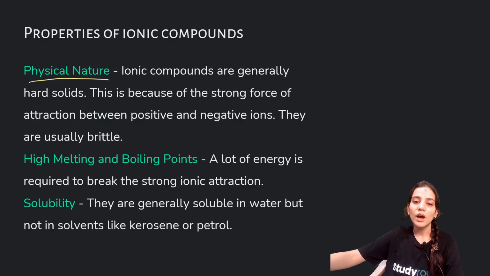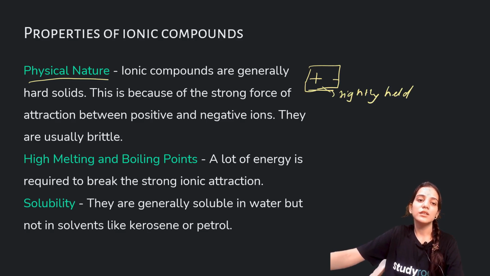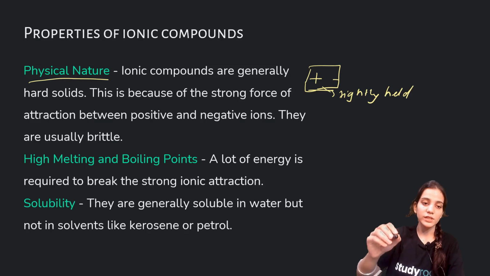As the ionic compounds are nothing but the combination of positive and negative ions, they are usually brittle in nature. But opposites attract each other, so they are very tightly held, or you can say they have very strong intermolecular forces.